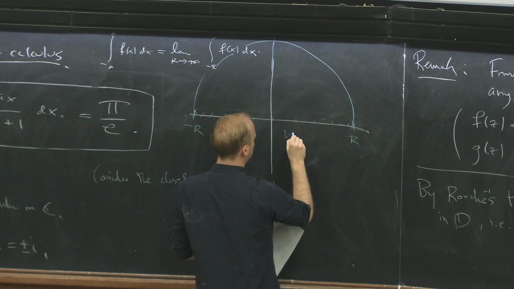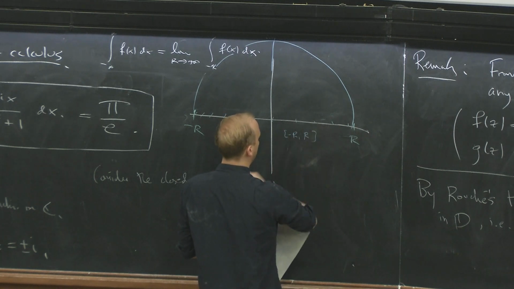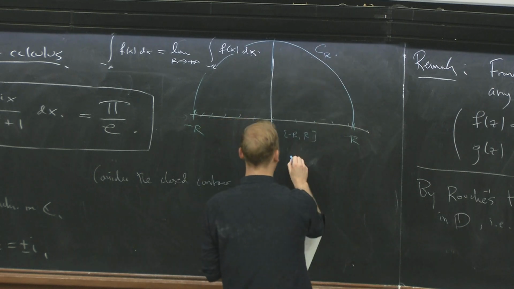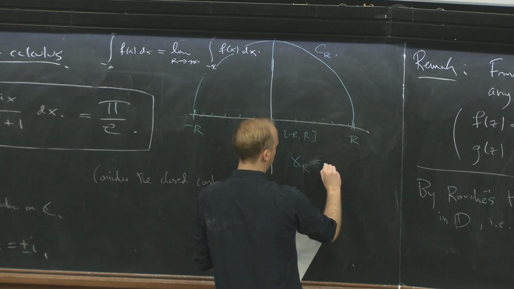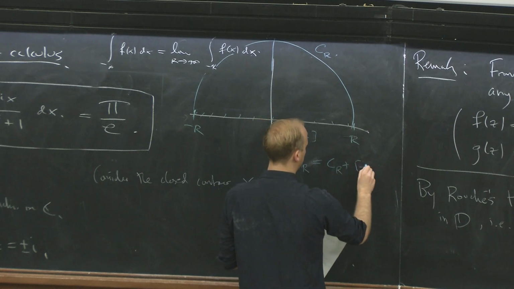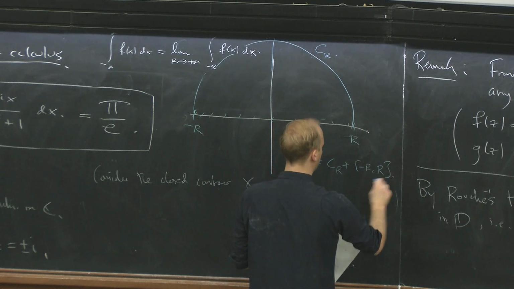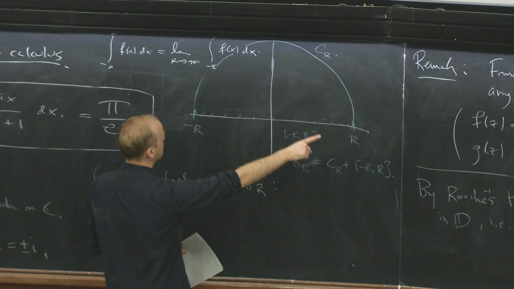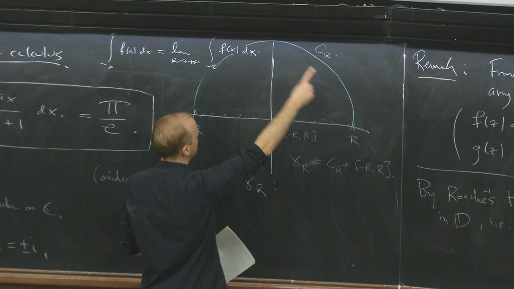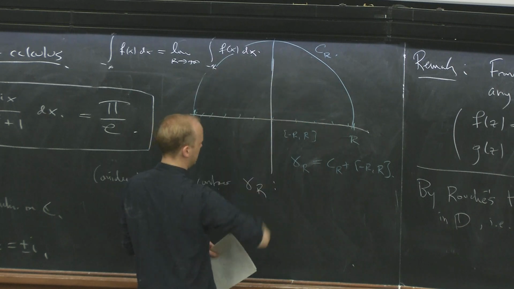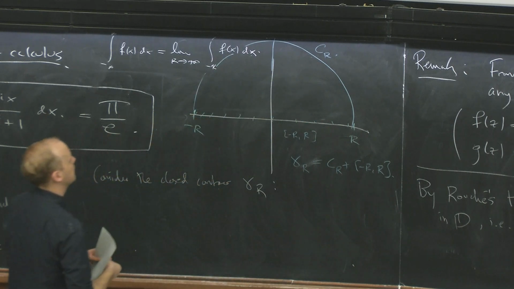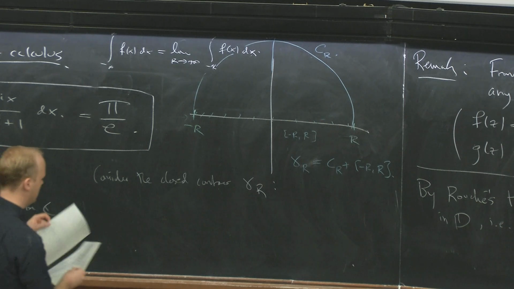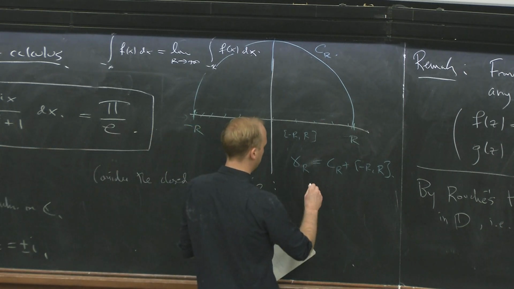And I will call this line segment minus r to r, and I will call the circle part CR. So the total thing is then CR plus minus r to r. And I'm interested in the integral along this straight part, but I'll use the residue theorem to compute the whole thing and then subtract what happens on the large circle. And here r is larger than 1.